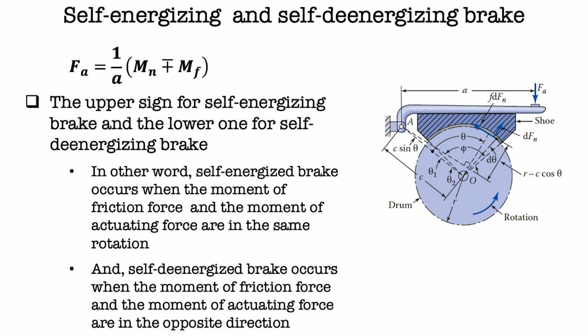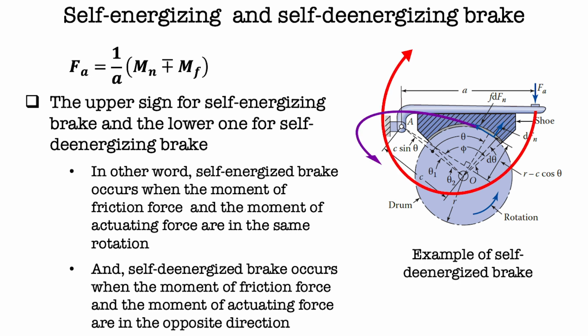So first we must identify which type of brake is used. For example, this figure is a self-de-energized brake because the moments of Fa and FFN are acting in opposite directions around the pivot point A. Then we have to use the plus sign to calculate Fa.